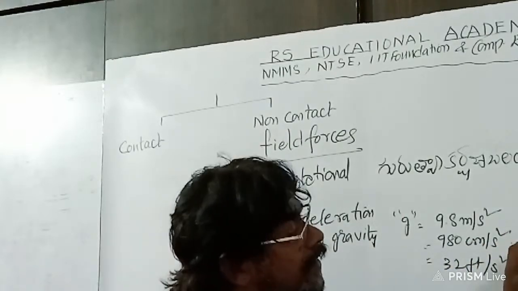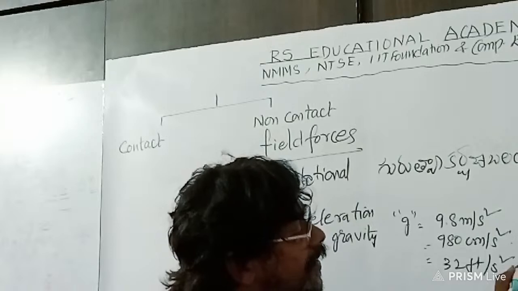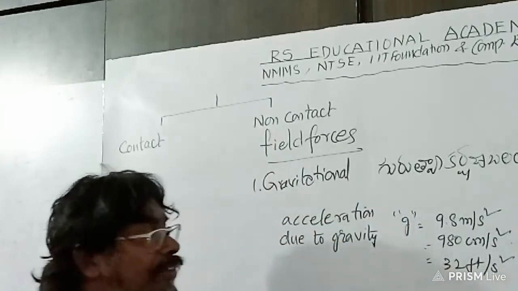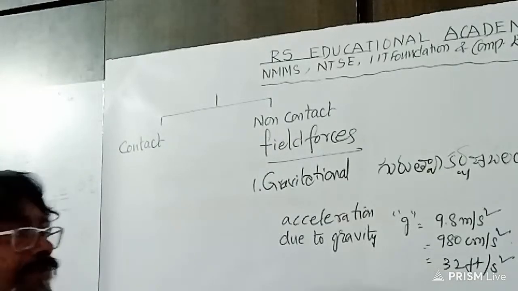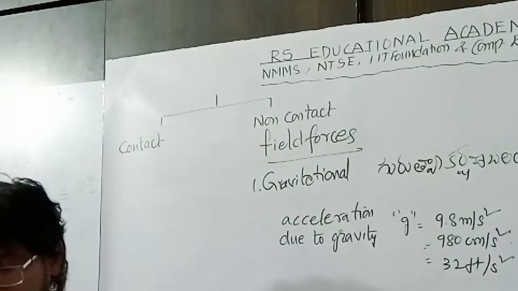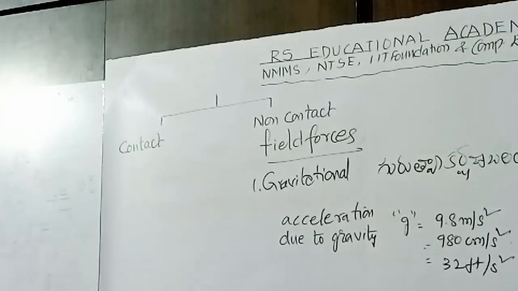MKS, CGS, FPS. Already I told you in the first lesson. Foot per second square, that is British system. ఈ విధంగా మనకి మారుతూ ఉంటాయి అన్నమాట.